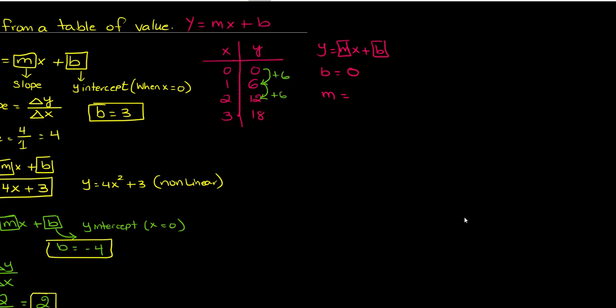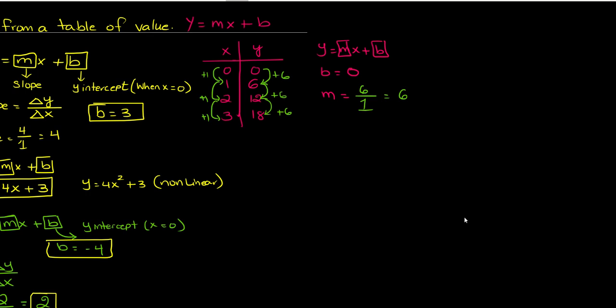If you add a 6 to that, and so on. Let's look at the change in x, which is positive 1. So now the change in y is 6, and the change in x is 1, so 6 divided by 1 is 6.